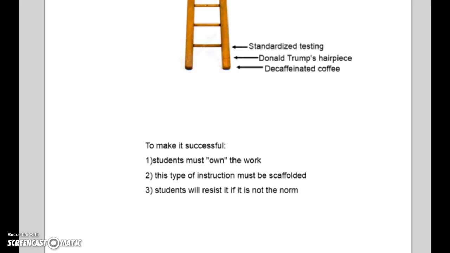And something interesting the researchers found is that students will resist place-based instruction if it is not the norm, because since they had different control groups set up, some students doing traditional and some students doing this place-based research, students got to talking to each other, and they realized quickly that the students in the traditional classroom didn't have to do as much work.